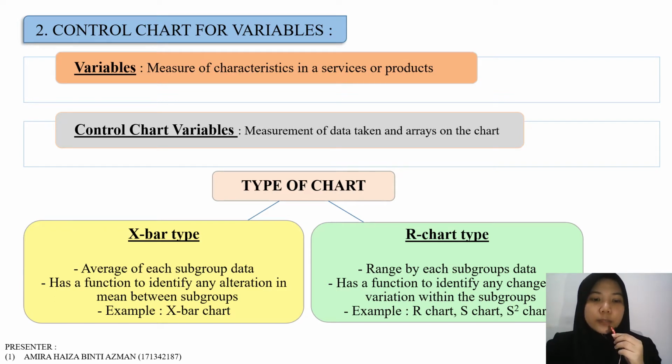The X bar type is the average of each subgroup's data and has a function to identify any alteration in the mean between the subgroups, for example the X bar chart. The R type chart is the range of each subgroup's data and has a function to identify any changes in variation within the subgroup, for example the R chart, S chart, and S squared chart.